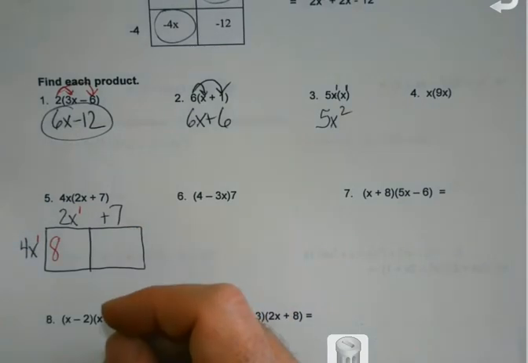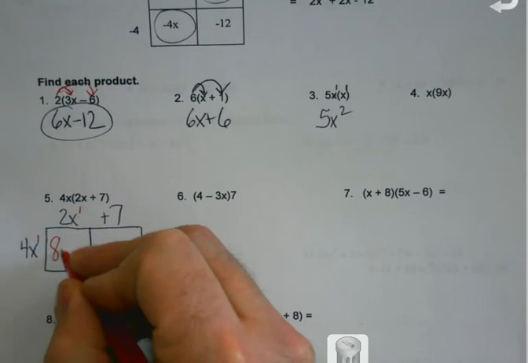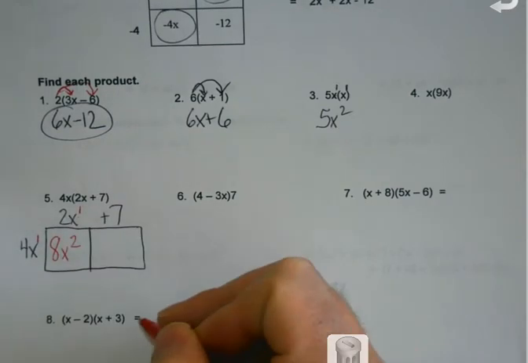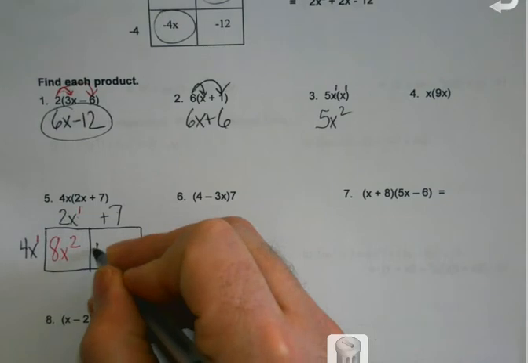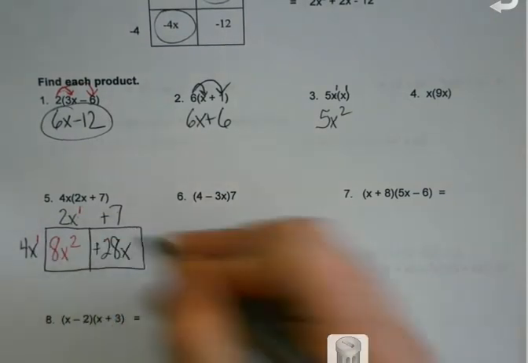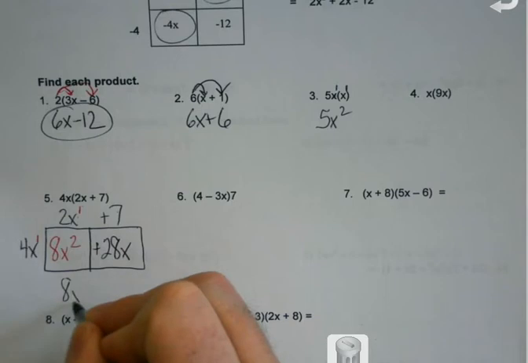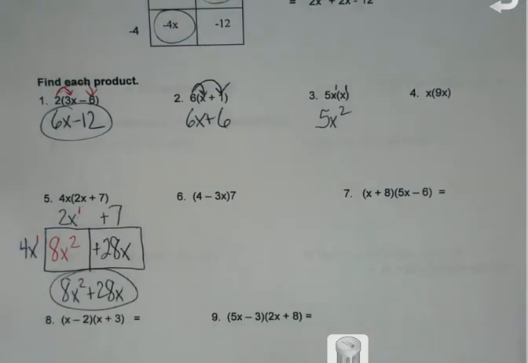It's going to be 8. x times x, I'm still going to add my exponents. Then I get over here, same thing. 4 times 7 is 28. I have an x, no more x's there. I'll just write it down. And in this case, what's in the box is my answer. And I'm set.